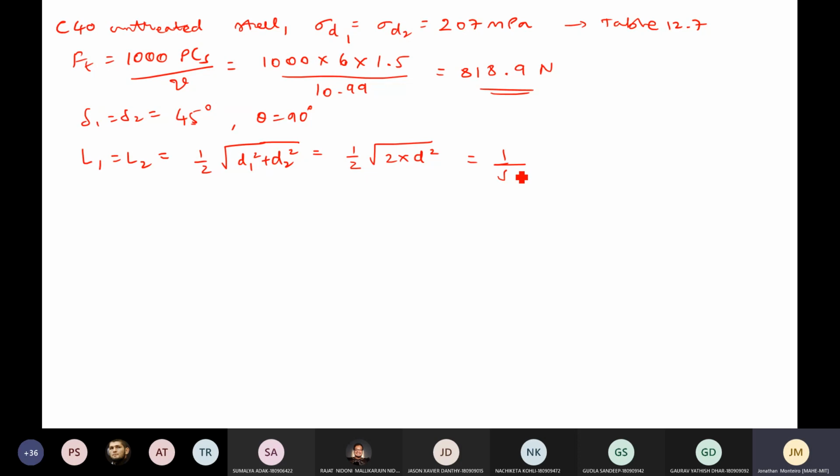So 175 we have taken, by root 2, is around 123.74. B is equal to L by 3, which is 1/3 of that value, 41.24 mm.